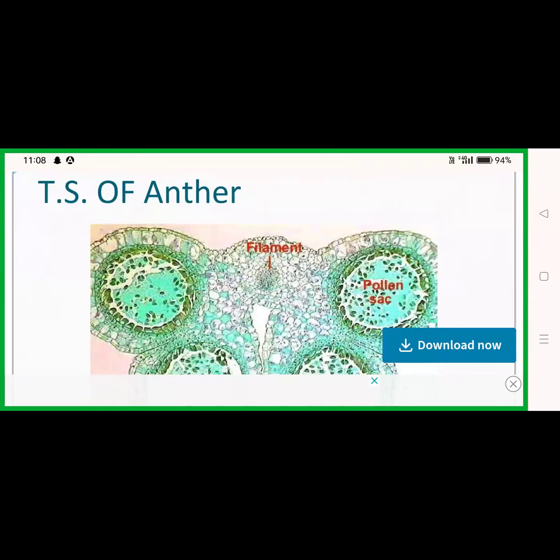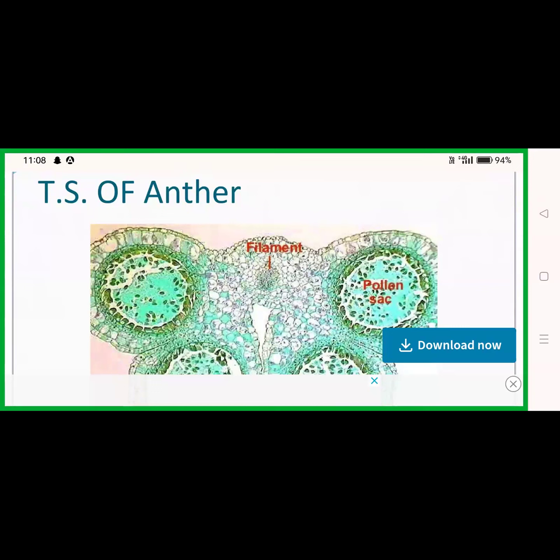In this anther, typically it is two-lobed, and these lobes are called anther lobes. In the two lobes there are 4 microsporangia. Each anther has 4 microsporangia. Such anthers are described as dithecous.